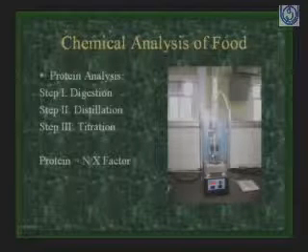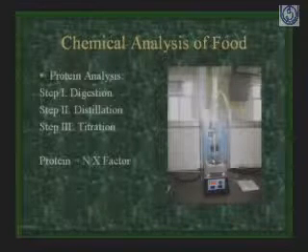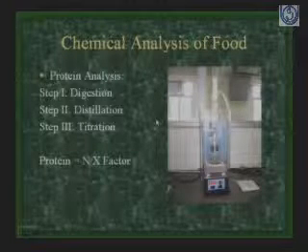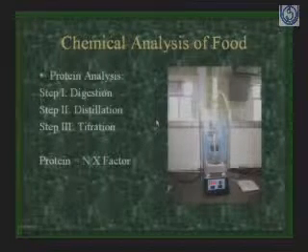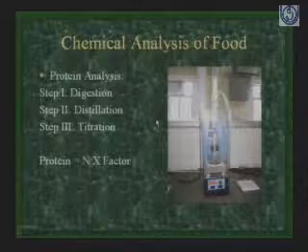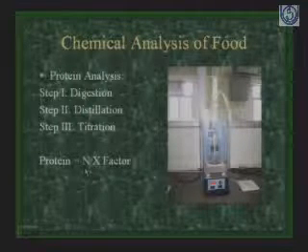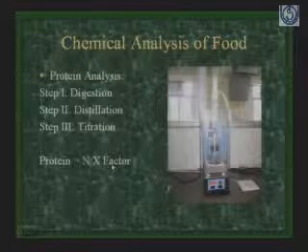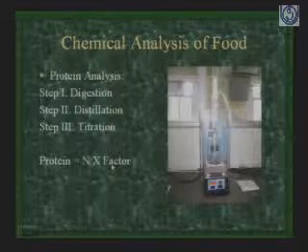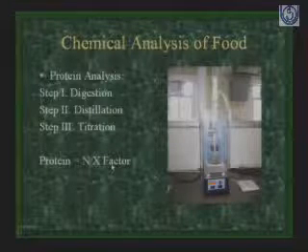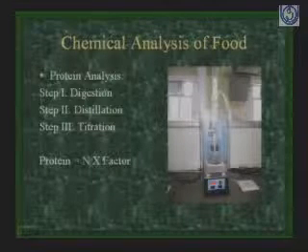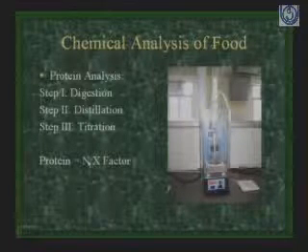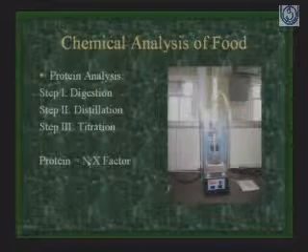And once this sample is digested, it is clear, it has nitrogen content in it. Then this nitrogen is distilled by the distillation apparatus, and then it is titrated as total nitrogen. And once you get the nitrogen and then you apply the factor, in a certain product it is 6.25, in milk and milk products it is 5.75. For different products different factors are applied, and then you calculate the protein content in a food product.